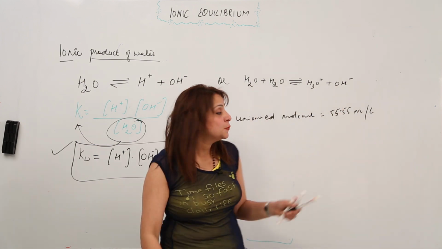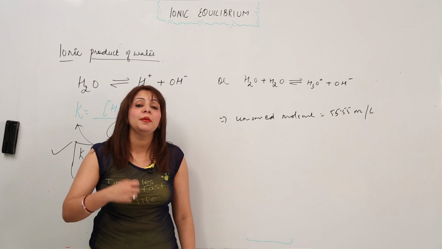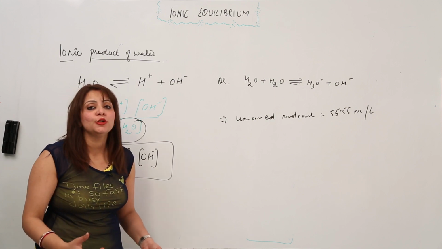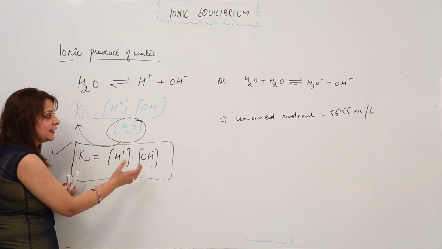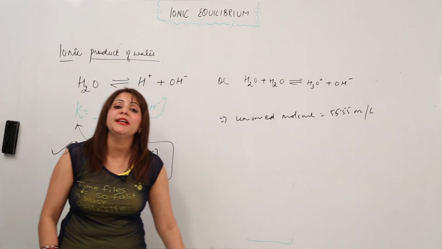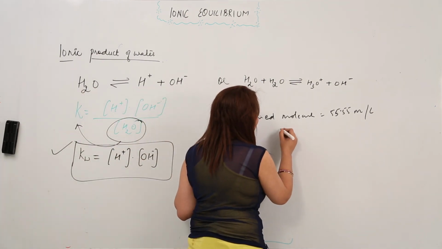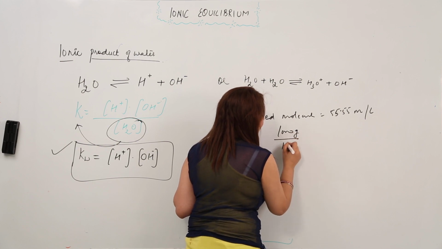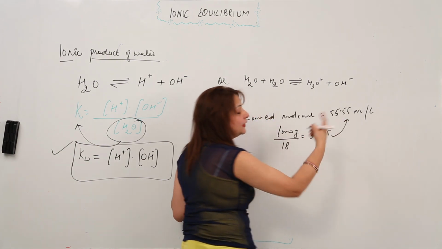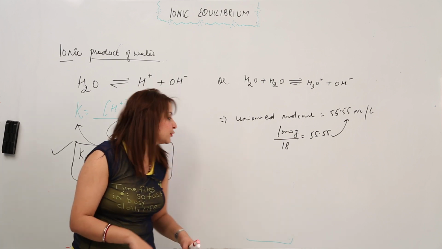So this much concentration remains constant, that means these are the molecules which remain unionized. How does it come out to be that? 1 liter is taken as 1000 gram divided by 18, that is the molecular mass of water. It comes out to be 55.5 moles per liter. That is why we have taken this as the concentration of the unionized molecules, right?